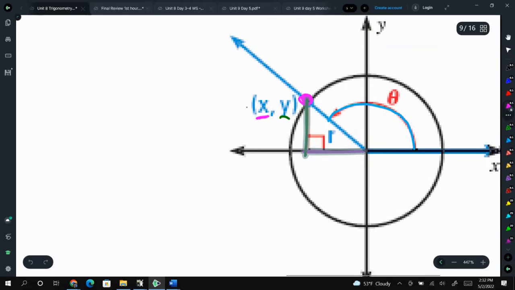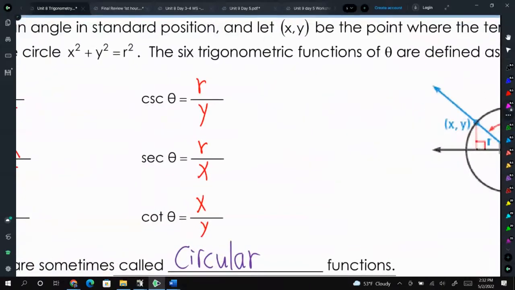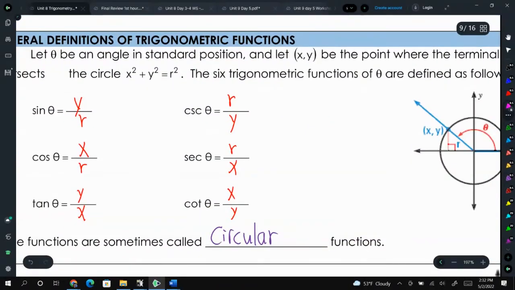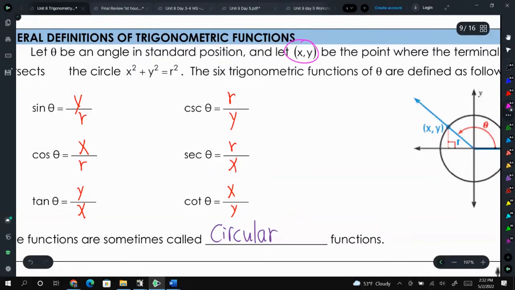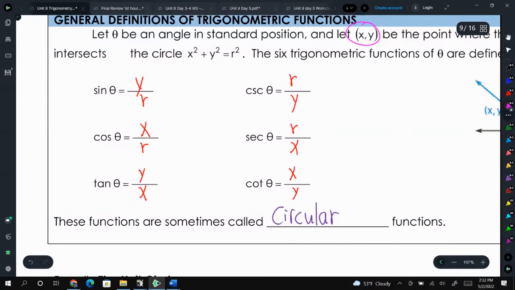What we'll do is kind of like what we did in day one: we'll draw out a triangle using the xy coordinates, and then we'll calculate our 6 trig functions. So this y and r stuff is just going to be substituted for hypotenuse, opposite, and adjacent side. But this is what they would be in an xy grid using this circle right here.